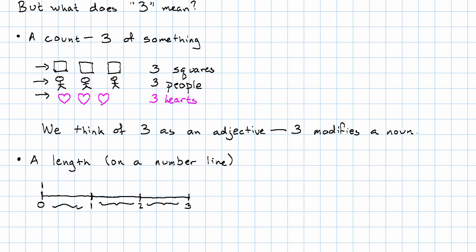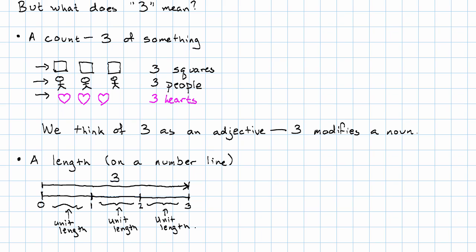I can say that this distance, the distance it takes me to get from 0 out to 3, I can think of as 3. Now, you might say that's 3 of something. That's 3 of these little unit lengths. And you're absolutely right, that is 3 of something. But that conceptualization of 3 as a length is going to be helpful to us as we move forward.